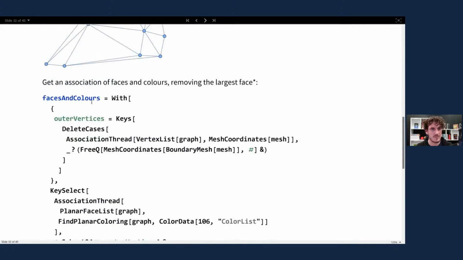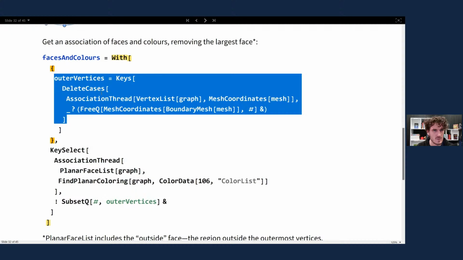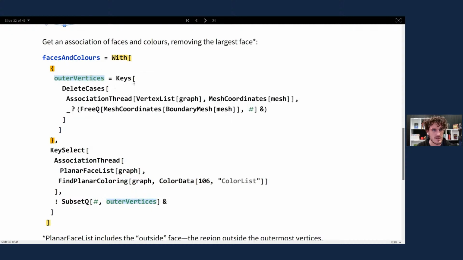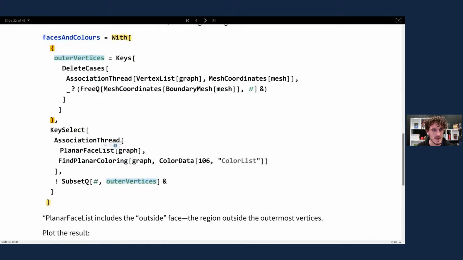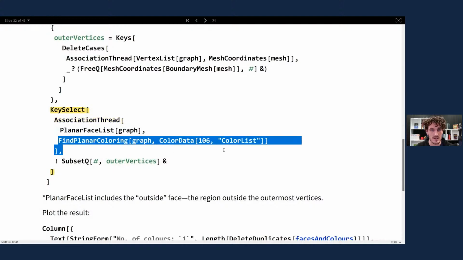This faces and colors symbol, we're going to define the outer vertices and ultimately make an association of faces to their colors. Okay, we're using this association thread of the planar face list, i.e. the faces, and then the colors which are used by find planar coloring.